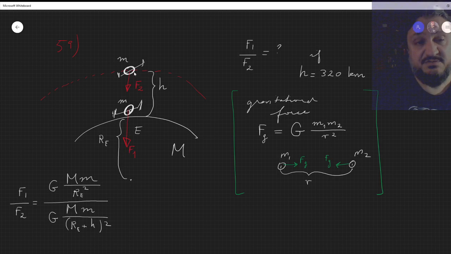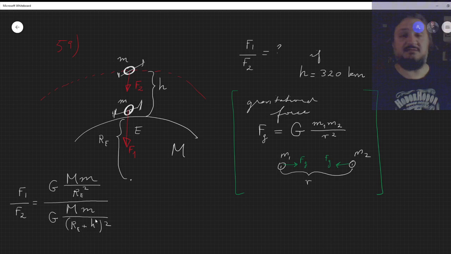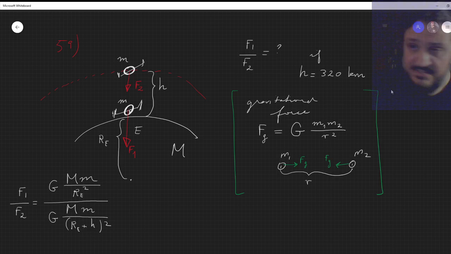But when it comes to the orbit here, this h I can no longer ignore. That's 320 kilometers, okay? That's quite an amount. I'm including it next to RE. RE plus h is the distance that goes into the formula. Okay, so let's just do it quickly. What happens here? I have a fraction, right? G's cancel. M's also cancel.